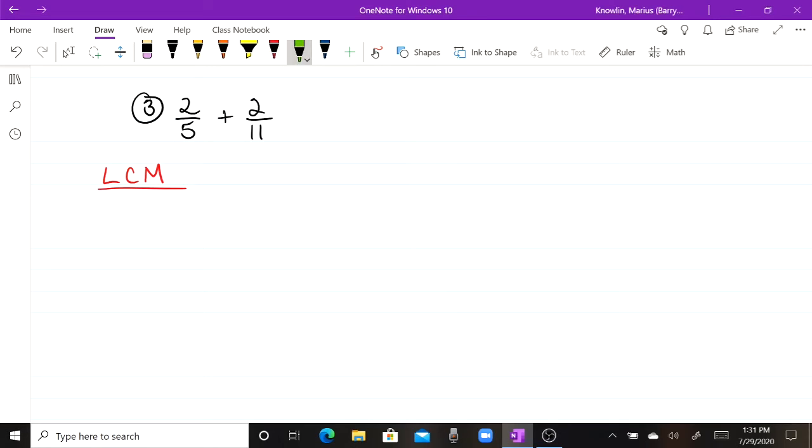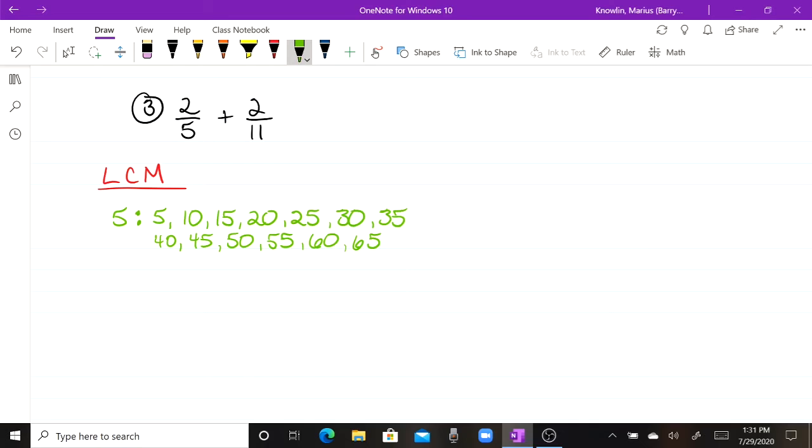So 5, let's list out our 5's times tables. 5, 10, 15, 20, 25, 30, 35, 40, 45, 50, 55, 60, 65. And we'll stop there.